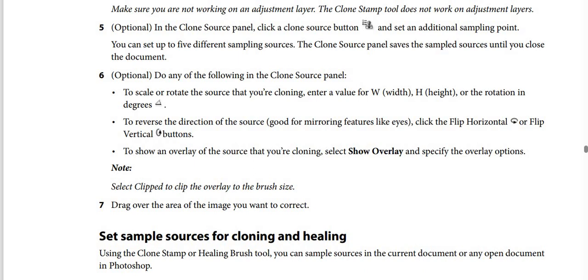To show an overlay of the source that you are cloning, select Show Overlay and then specify the overlay options. Note, and be careful: select Clipped to clip the overlay to the brush size. Step number 7, drag over the area of the image you want to correct.